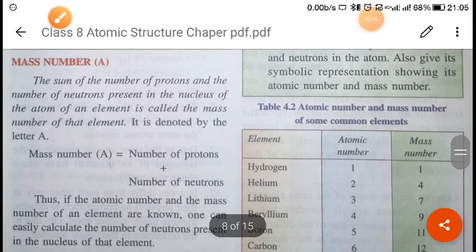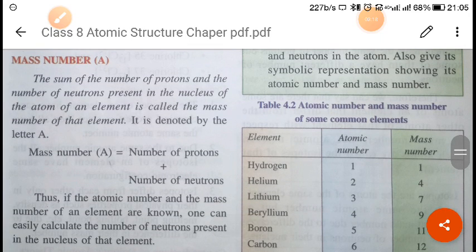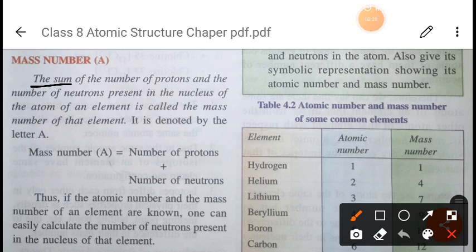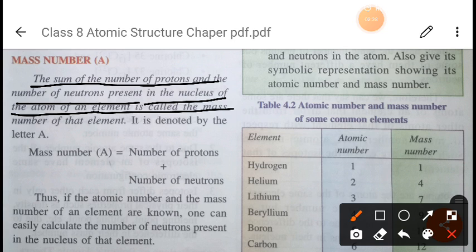Now next is atomic mass. So what is atomic mass? It is the sum of the number of protons and neutrons present in the nucleus of the atom of an element, and it is called the mass number of that element.